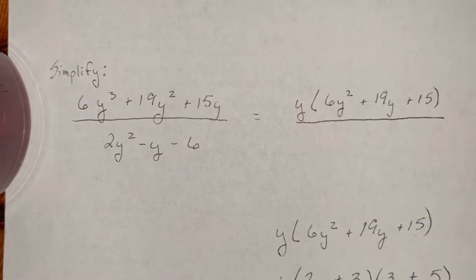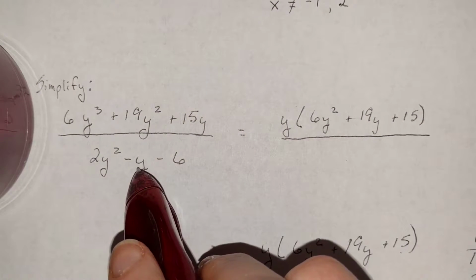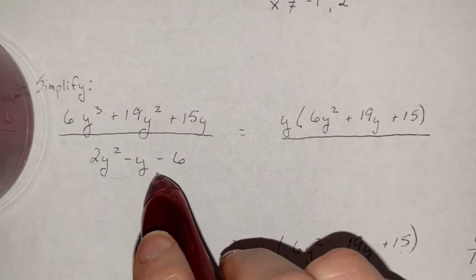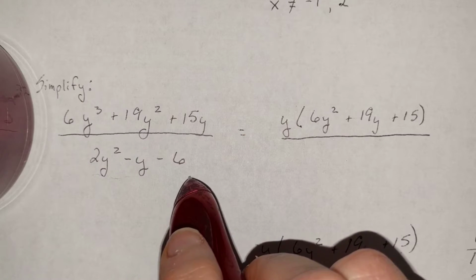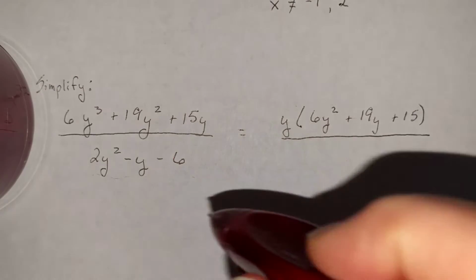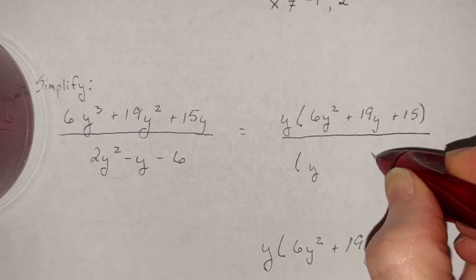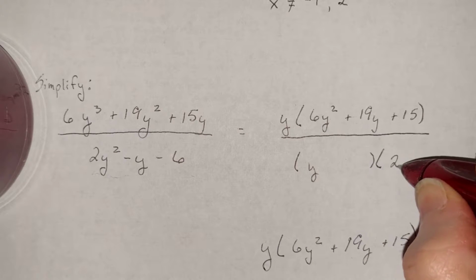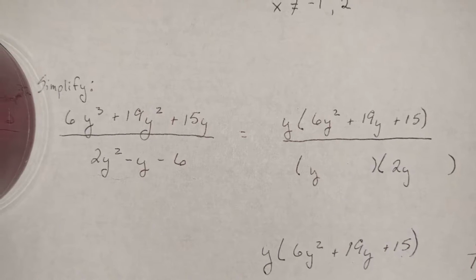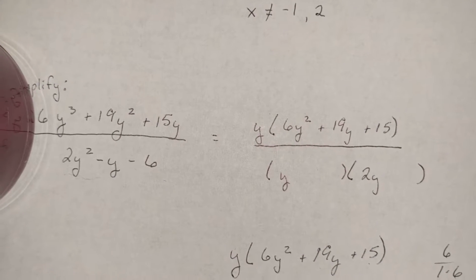Now I'm going to come back up here. We're going to factor our denominator. Here, no greatest common factor. 2 only factors into 1 and 2. 6 factors into 1 and 6 and 2 and 3.